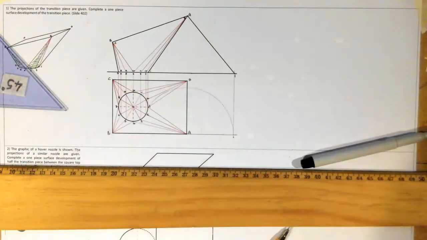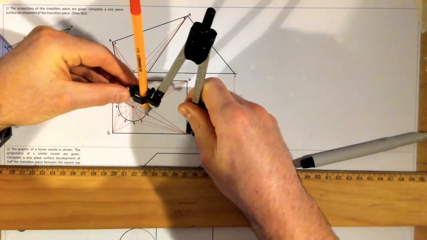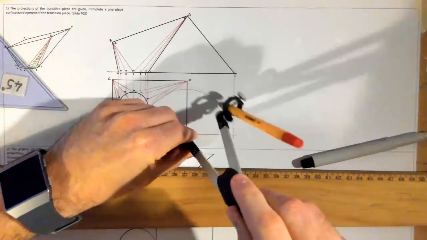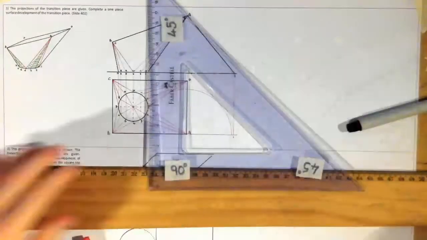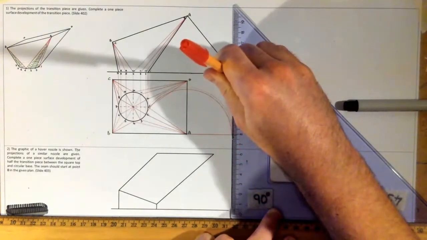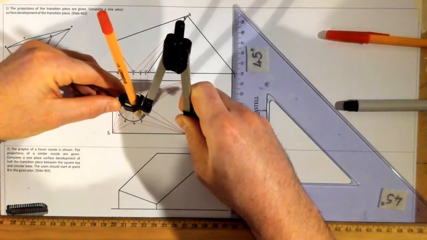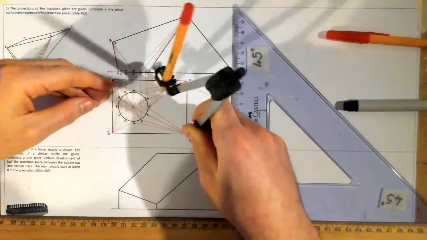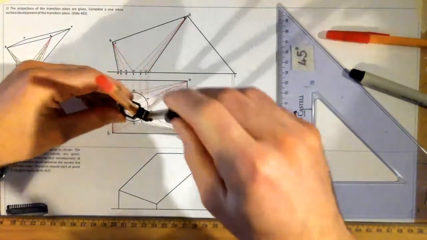Now I want to work out A to 2, A to 3 and A to 4, all using the exact same method. So here's A to 2. Do the same with A to 3. And I'll do the same with A to 4.